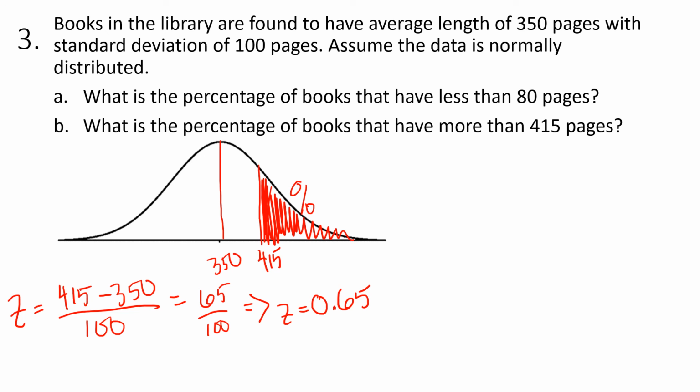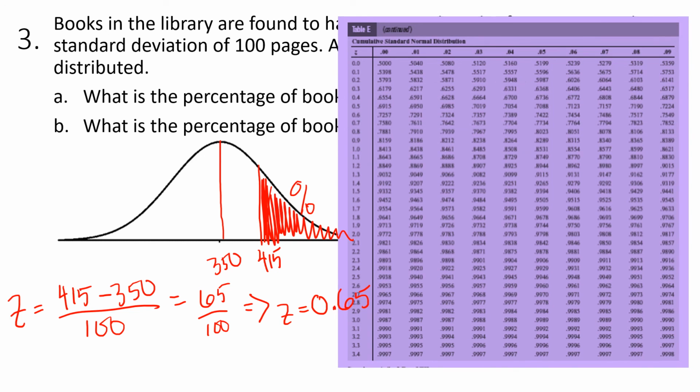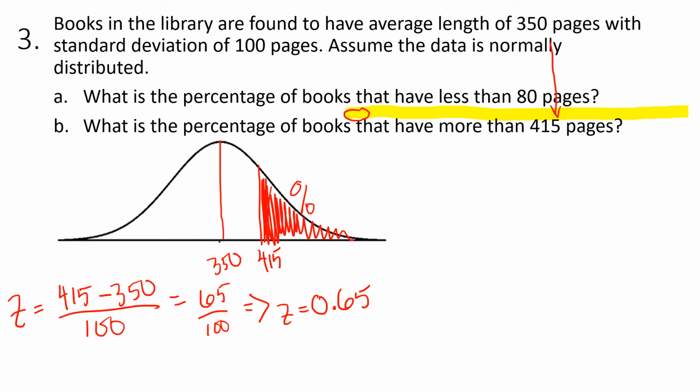0.65. So when we go to the purple chart, we're going to be looking up 0.6. That's this guy right here. Here, I'll use a highlighter. 0.6, so it's this row, but we need to look for the one that is 0.05. So that's this column, so that's going to be 0.7422. So remember that number, 0.7422. But remember the purple chart, when we look up the purple chart, that gives me the percentage to the left of that score of 415.